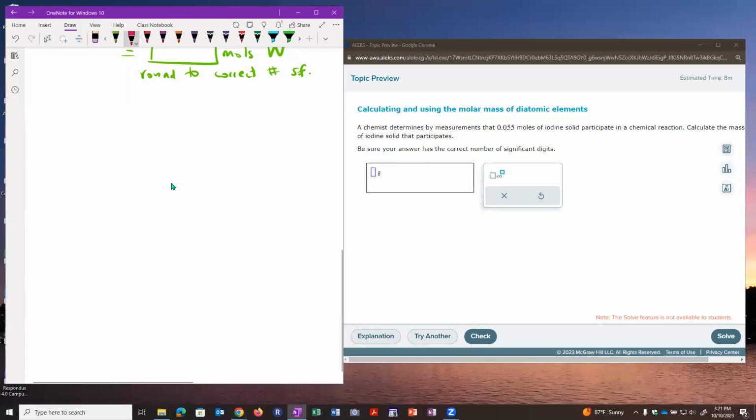In this next one, very similar to the first question, we're calculating and using the molar mass of diatomic elements. Let's remember that diatomic elements are found as groups of 2, as pairs.